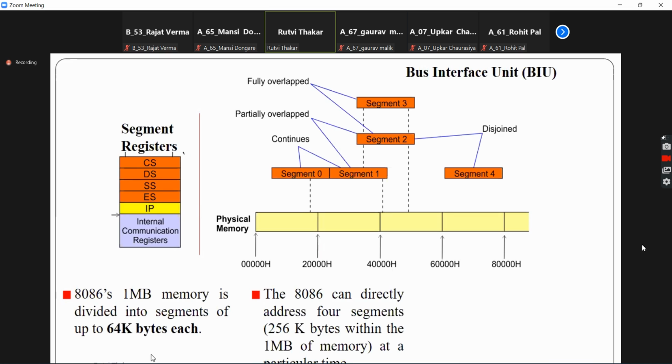So out of 1 MB, there are 16 segments of 64 KB, and I can access 4 segments at a time. 64 KB into 4 will give me 256 KB. So at a time I can use only 4 segments, of 64 KB maximum, which exhaust the 256 KB maximum limit that it can access.